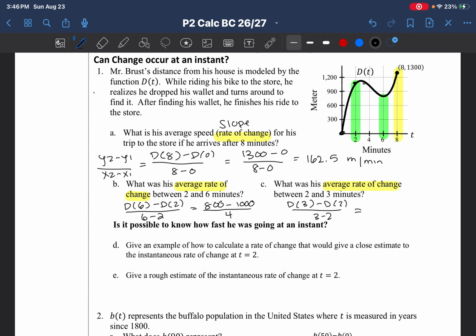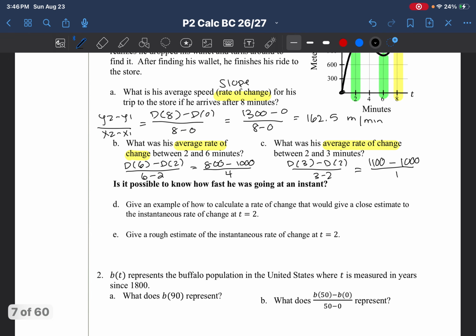D of 3 is going to be right here, very close to d of 2, maybe like 1,100. And then remember, we said d of 2 was 1,000, all over 1. So if we were to simplify this, this would be 100 meters per minute. 1,100 minus 1,000 divided by 1.